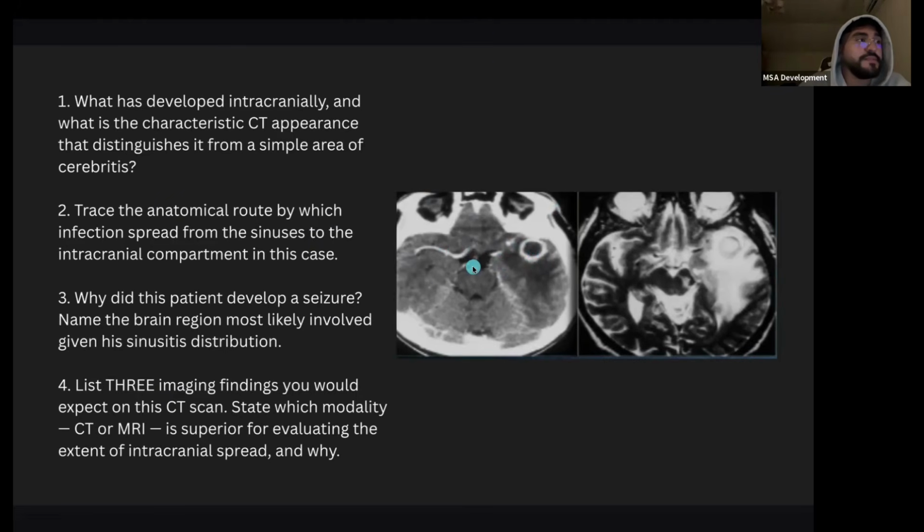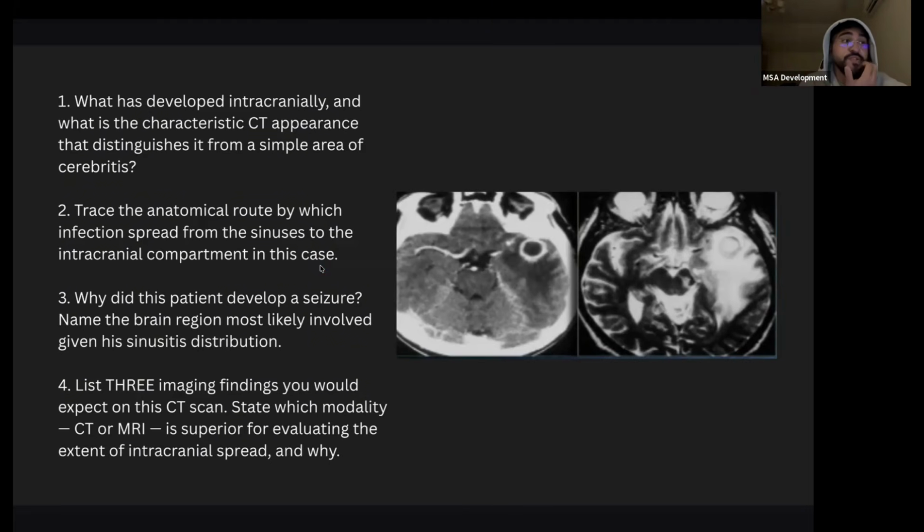What else would we see? We will see also vasogenic edema around the lesion. So I'll see vasogenic edema right here. So they'll ask me, can you trace the anatomical route by which the infection spread from the sinuses to the intracranial compartment in this case? Of course, it could either be frontal or maxillary sinusitis, all right?